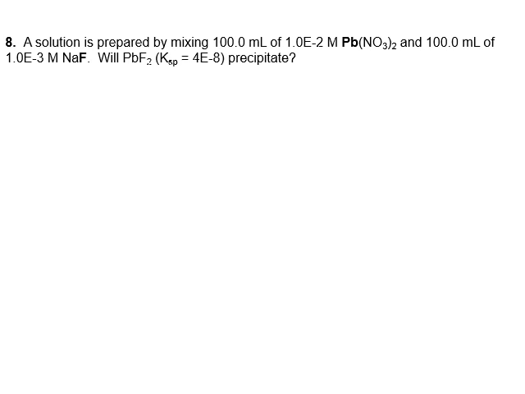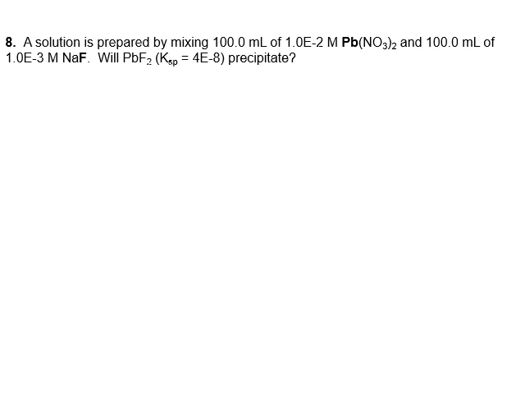Then a double-headed arrow and then Pb2+ plus 2F-. That would be your equilibrium. KSP is going to be the Pb2+ concentration times the F- concentration squared. So we need to figure out those concentrations. We can't just look at it and pull out those concentrations as given. Like, we can't just say that the lead nitrate is 1 times 10 to the minus second.